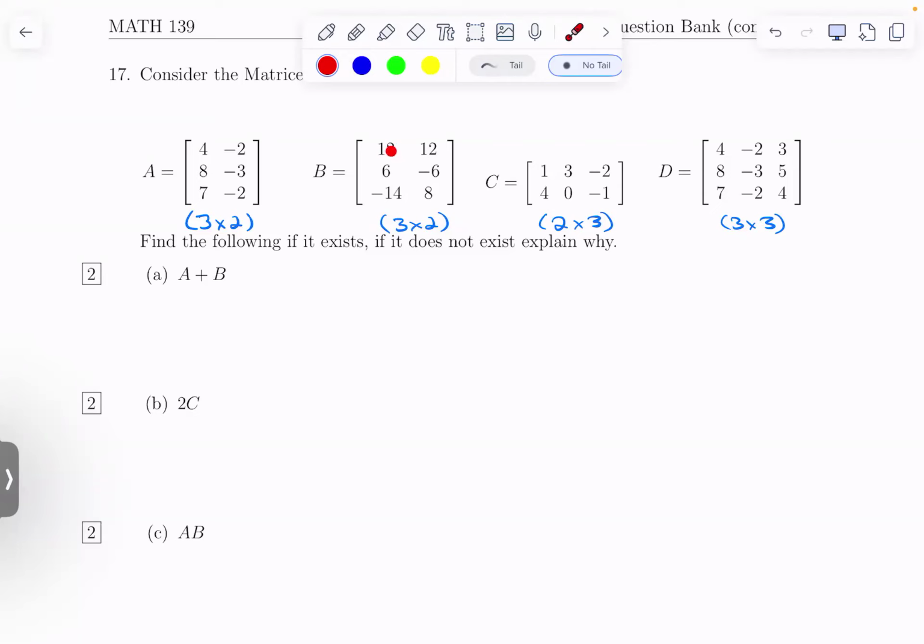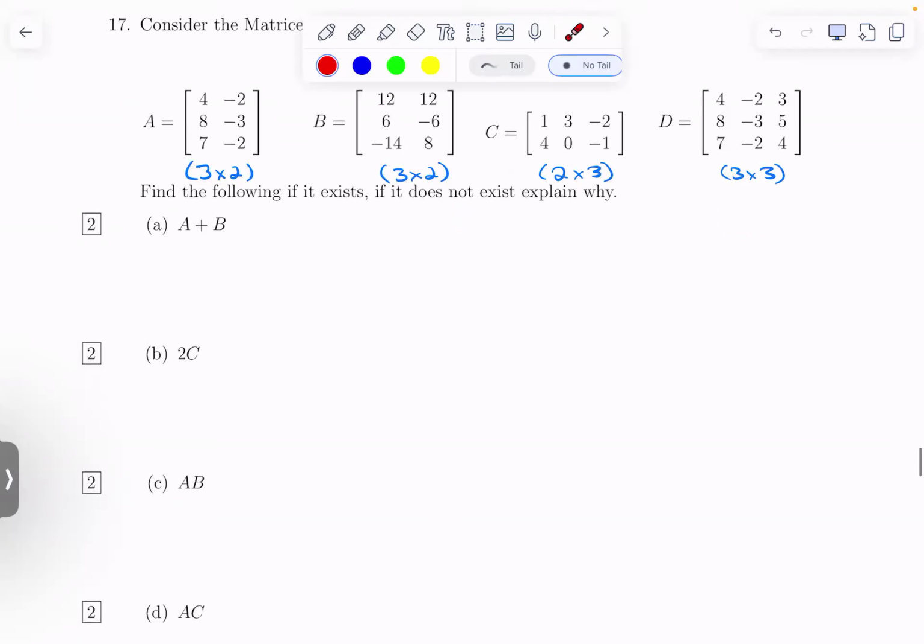And that's how adding works. Okay. But how about 2 times C? Does it exist? It exists. It's just every element in C being multiplied by 2. Fair enough. In fact, 2A exists, 2B exists, 2C exists, and 2D exists. Any scalar multiplication just applies.